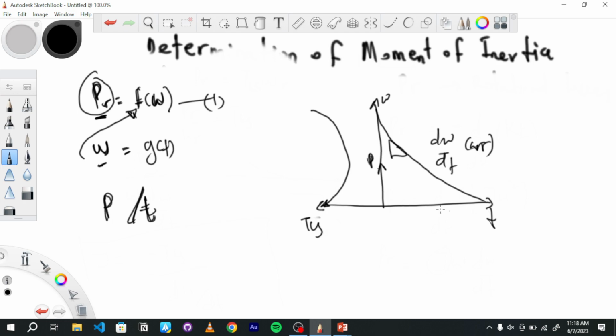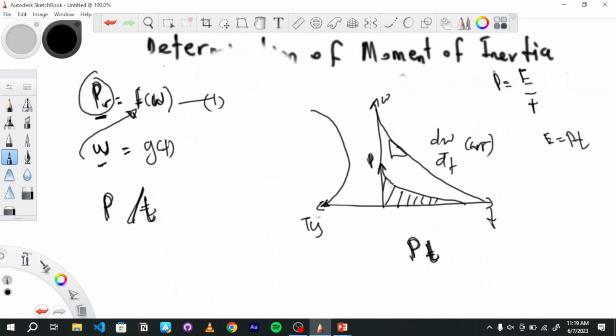This is a time axis, and that will look something like this. So this corresponds to a function of rotational losses, P, against time. Now we know that power is energy over time, working over time. Energy is power times time.